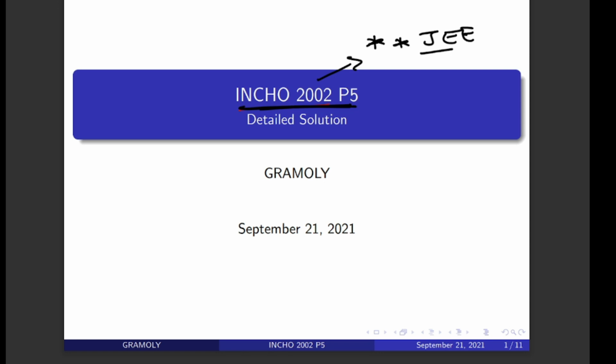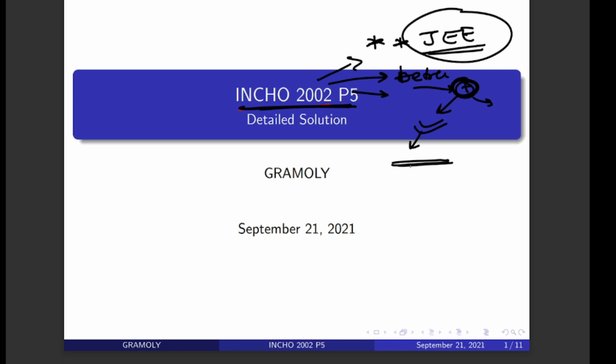Some parts like the tetragonal distortion and all were the plus ones, and we have to see these, because there are possibilities that INChO might ask questions upon these terms, as they came previously. So we can expect questions from these as well, but otherwise this particular problem didn't have much complexity in it. So this was it.